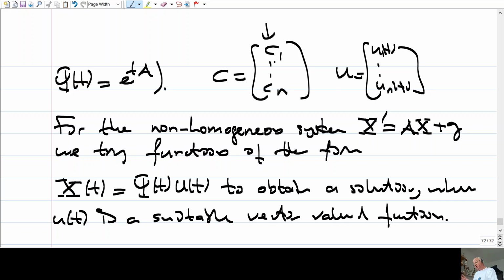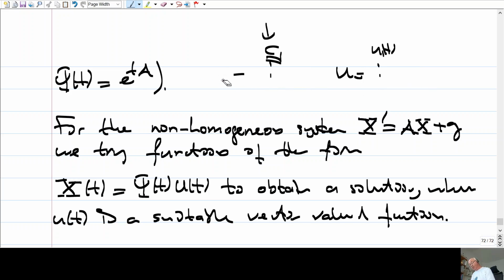In other words, we let those parameters change in time so that they become functions. We let them vary with time. That's why this method is called variation of parameters. So these are not just constant numbers anymore. They are continuously changing parameters.